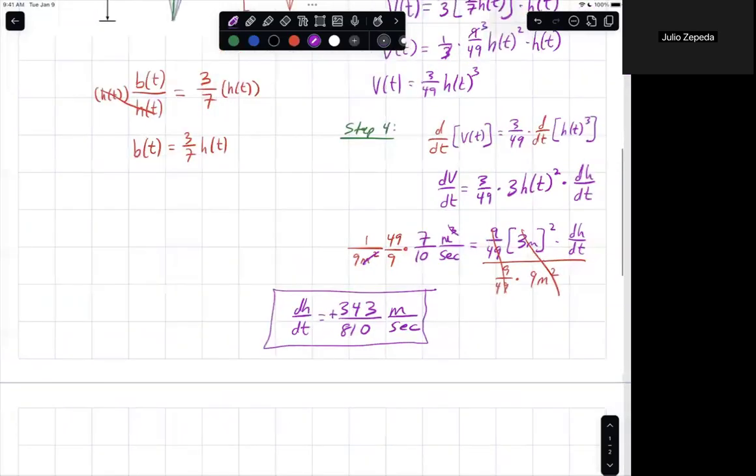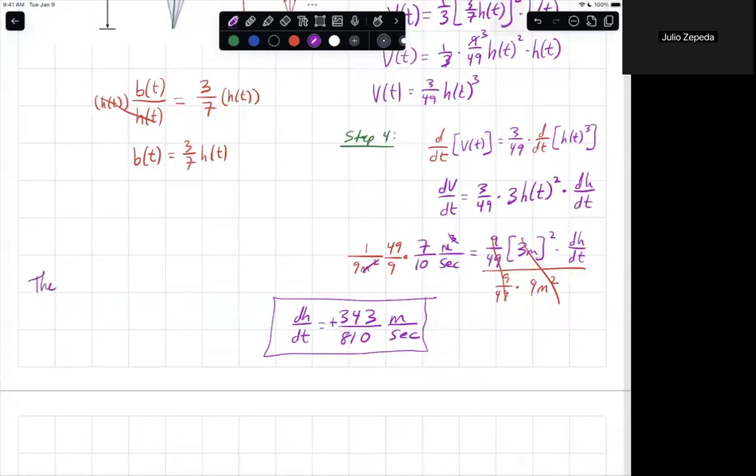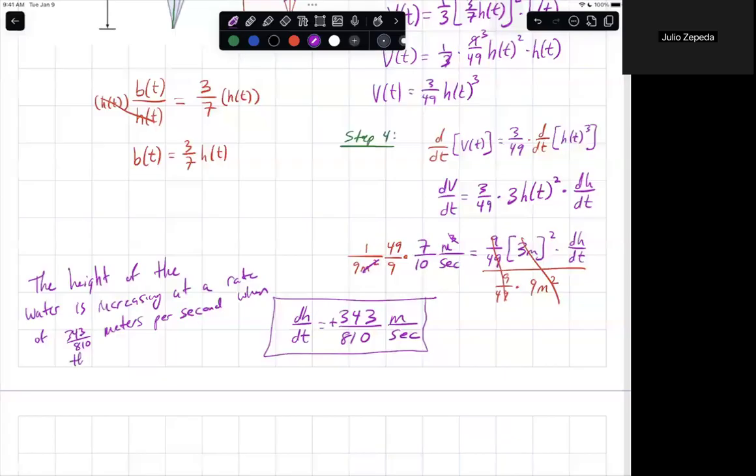Okay, so we would say the height of the water is increasing at a rate of 343 over 810 meters per second when the height of the water is 3 meters.